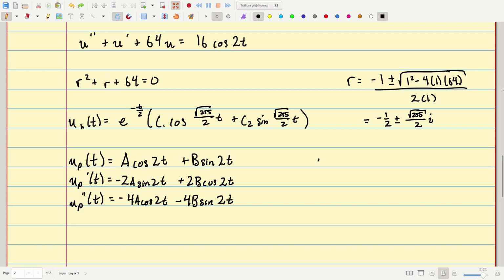For cosine 2t, we're going to have 64A here.